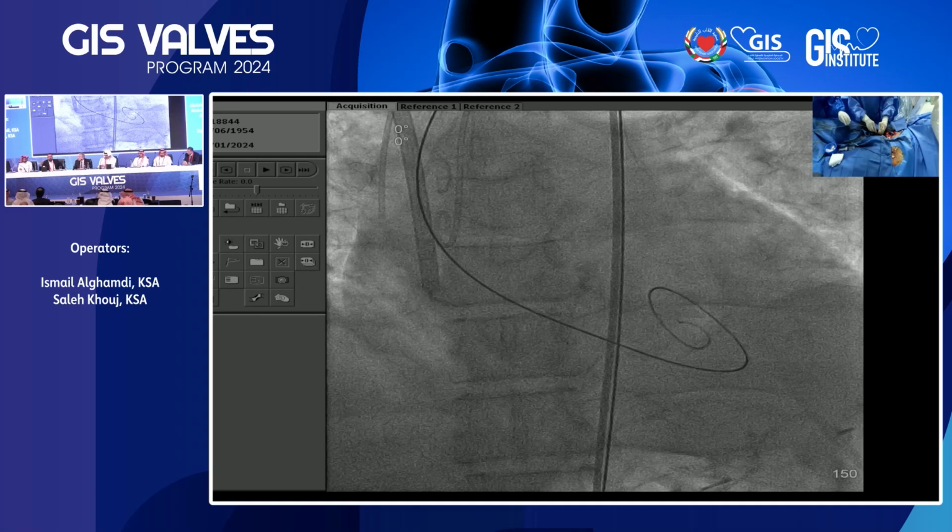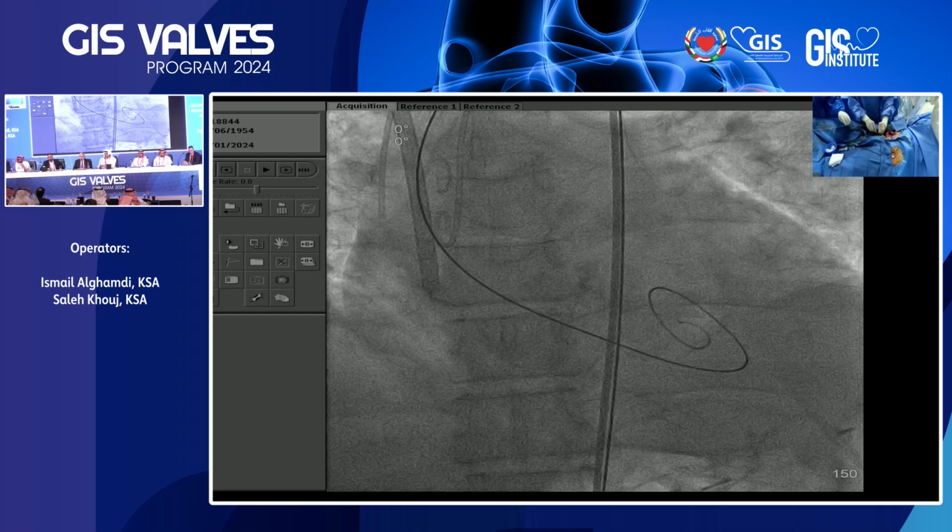And if you are just confused between two sizes, use a larger balloon and watch for the waist, maybe injecting the ascending aorta as well, to make sure that like a 22 millimeter balloon is sealing at the level of the intercommissural distance. So Saleh, I'm not sure if the picture is frozen, or are you ready to deploy your valve?